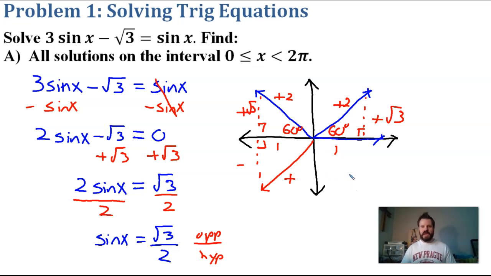So as far as my actual answers go then, I've got a solution of 60, and then also a solution of 60 short of 180, in other words 120 degrees here.